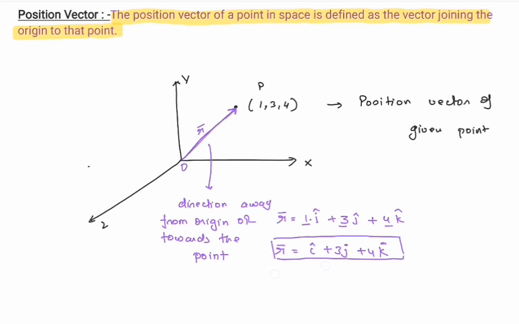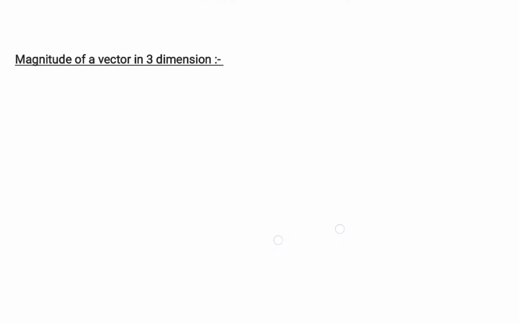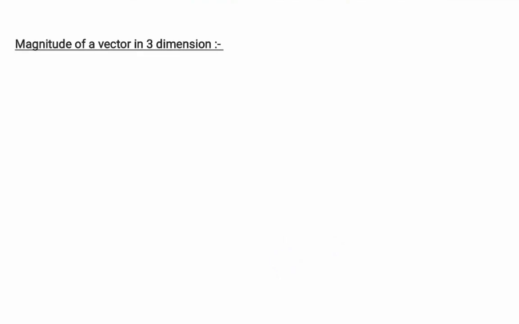Okay, now we will see how to calculate the magnitude of a vector in three dimensions. Let's say a given vector A is equal to ax i cap plus ay j cap plus az k cap. This is the given vector and I need to calculate its magnitude. Let's see how to calculate it.